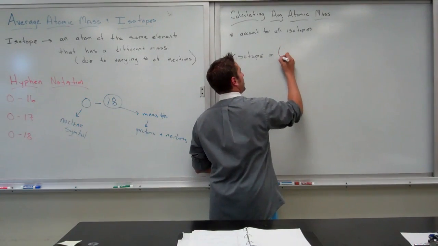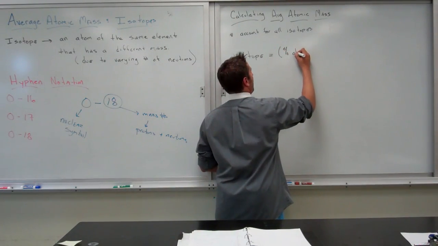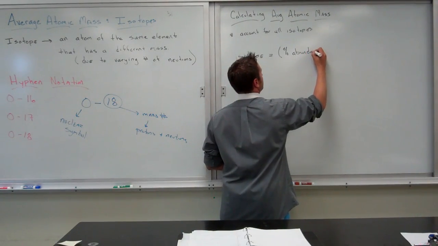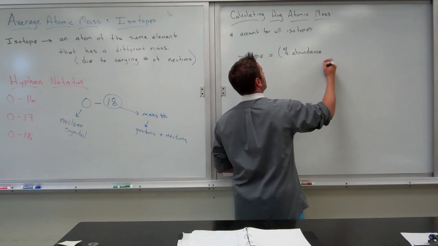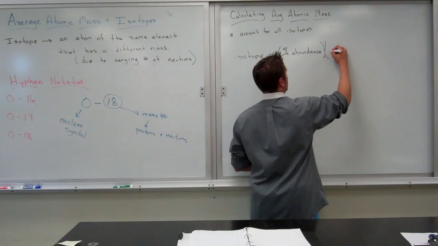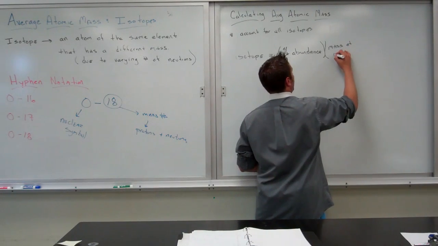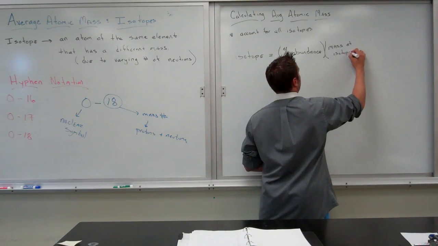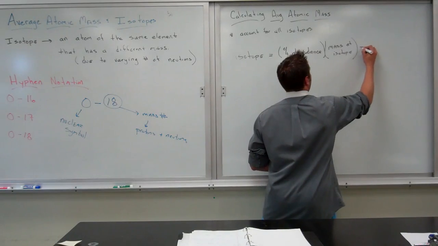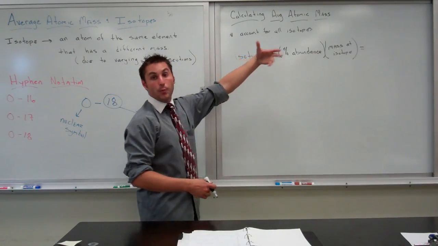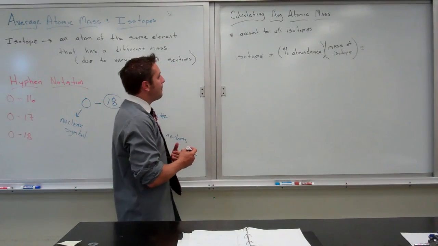So what we do is take the percent abundance times the mass of that isotope. And that will get me how much of that isotope contributes to our average atomic mass.